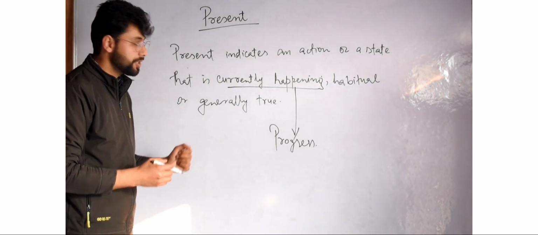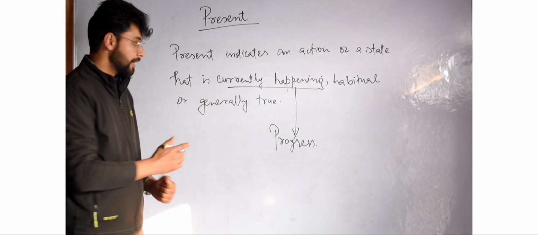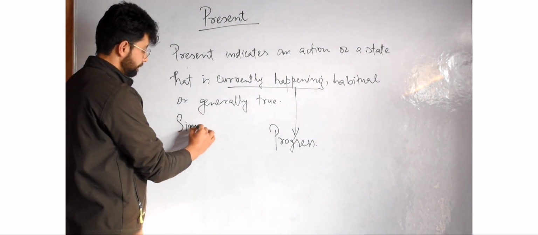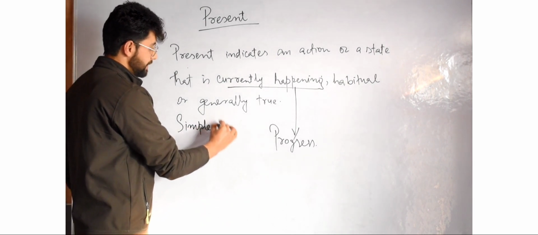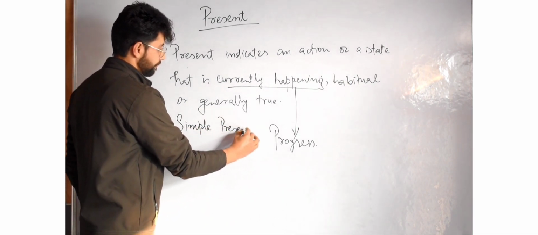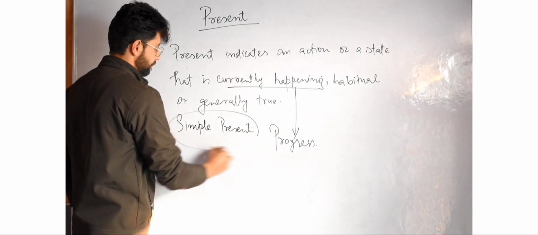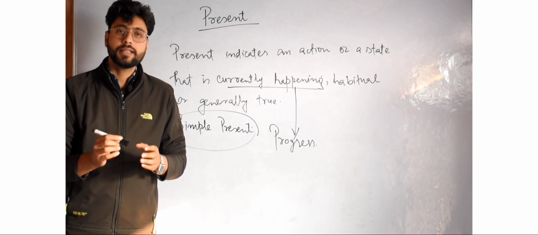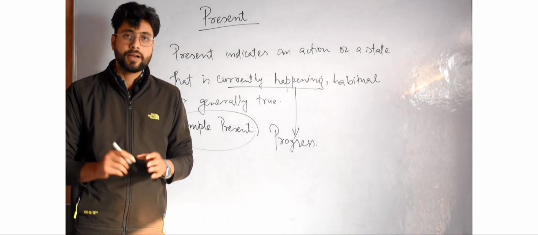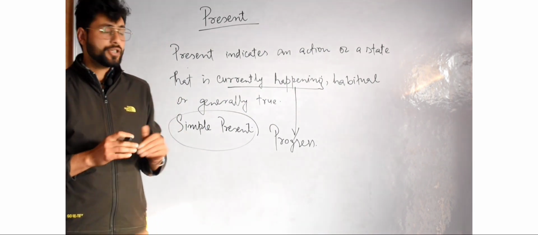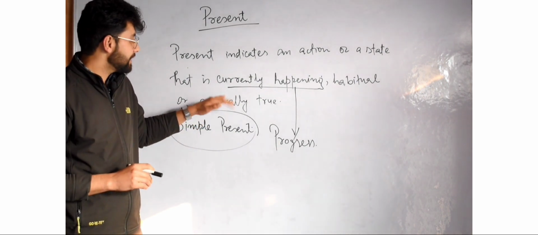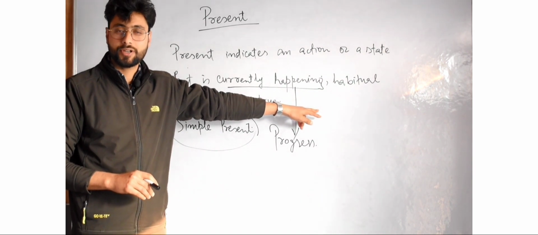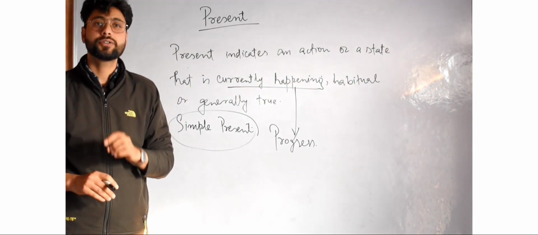Let's try to explore the aspects of present, and we are going to start with the simple one: simple present. What is simple present? Well, simple present indicates general truths, habitual actions, or daily routine.